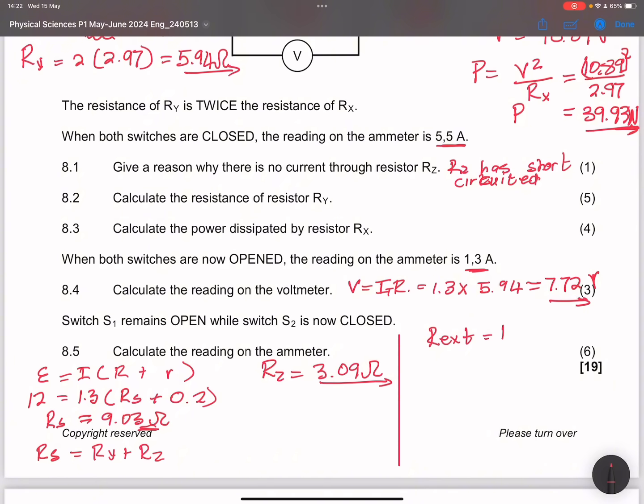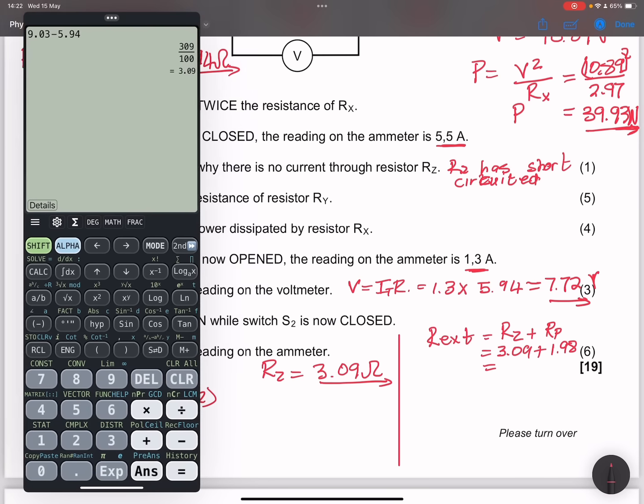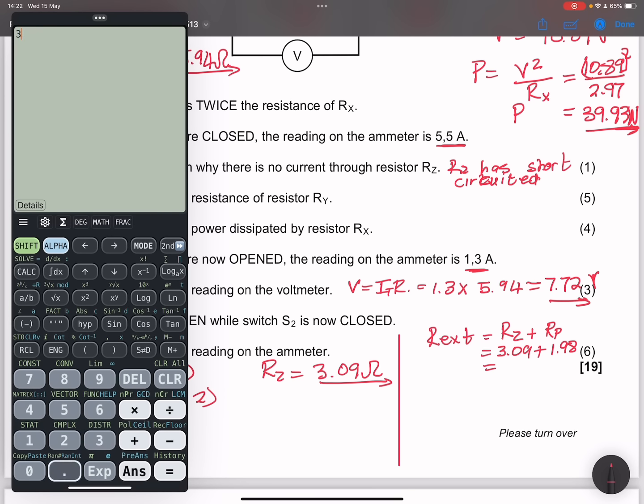So that's 3.09, which we just found, plus our parallel, which was 1.98.